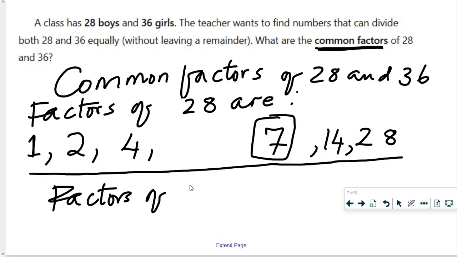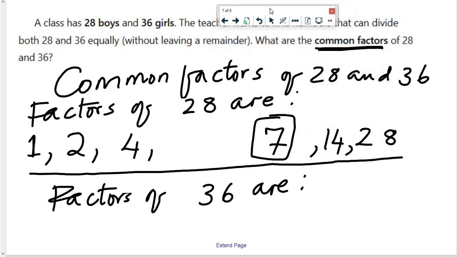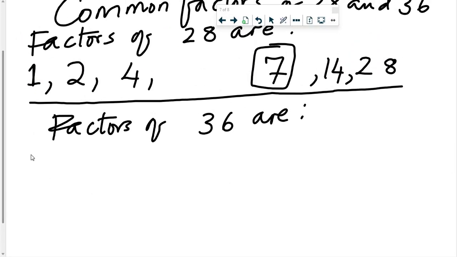Factors of 36 are. To mention the factors of any number, you start with 1. So 1 and keep the number itself, 36. Then go to 2. 36 divided by 2 is possible.